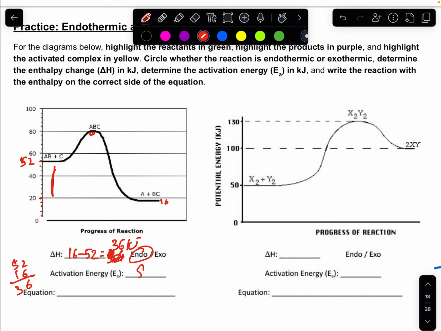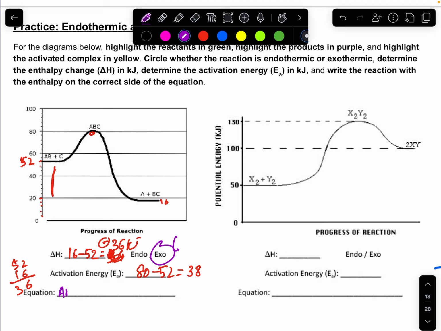Then activation energy is 80 minus 52, which is 28. Then for the equation, you have to write the thermochemical equation. Since delta H is negative, that is exo, because negative.